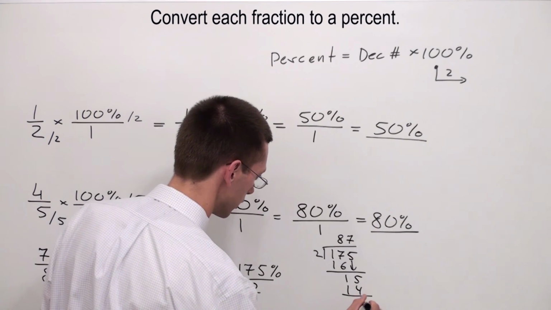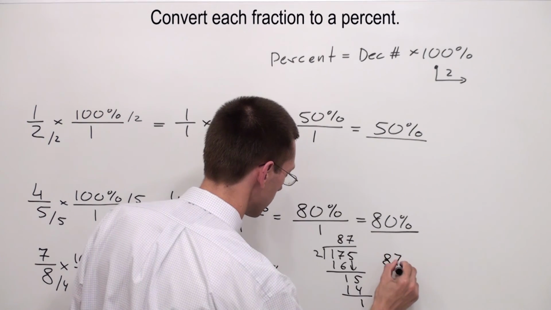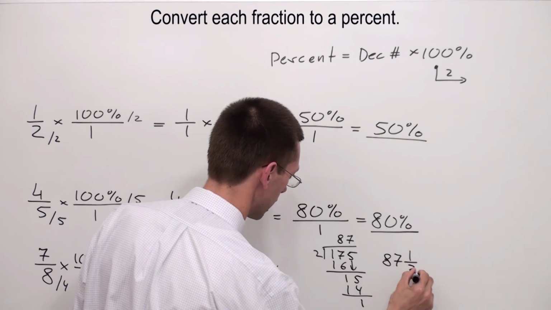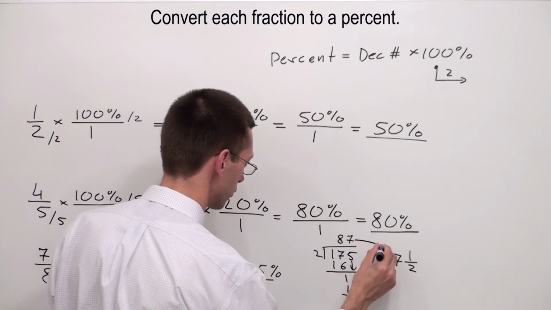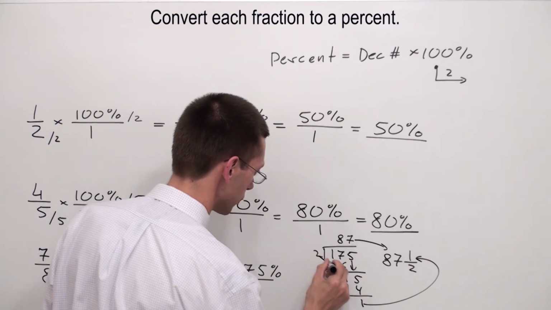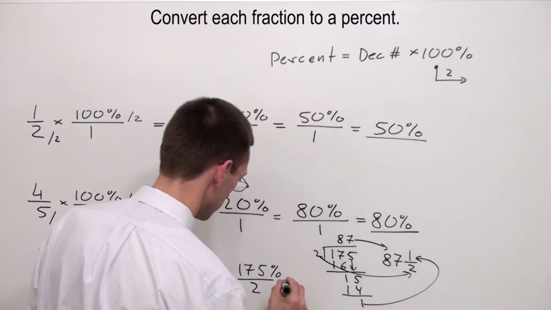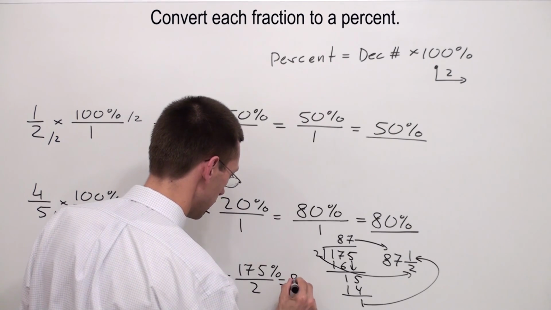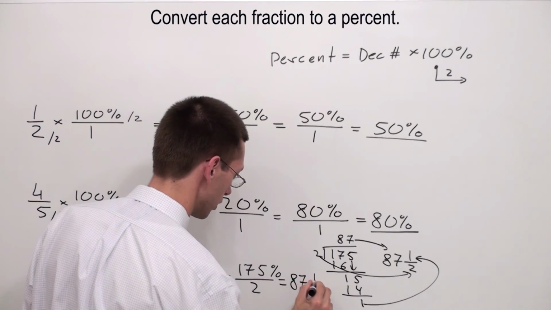Subtract, it is 1. The answer is 87 and 1/2. Remember, the top number goes to the front, the remainder goes to the numerator, and the divisor goes to the denominator. That's why my answer is 87 and 1/2.